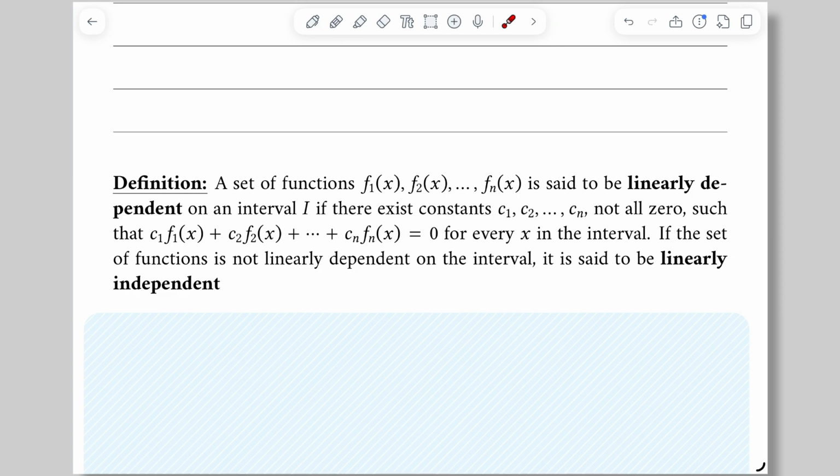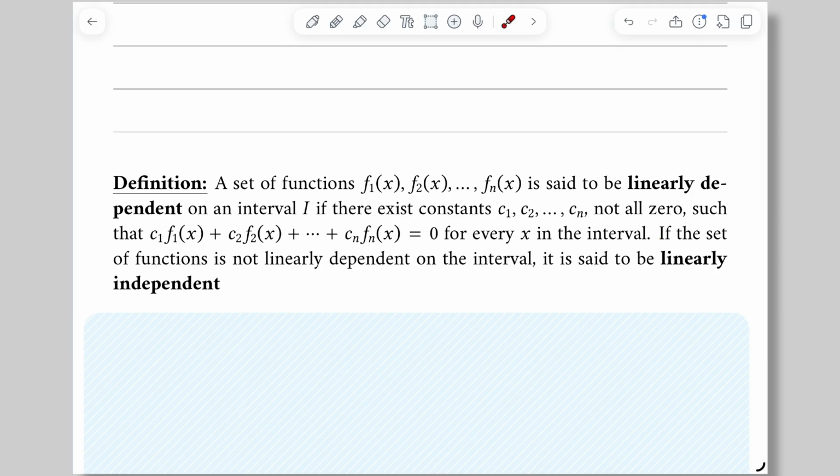We start here with a definition of linearly dependent functions, which is a little weird because we are actually more interested in linearly independent functions. But our definition for dependent functions is that a set of functions f1 of x, f2 of x to fn of x is said to be linearly dependent if there exist constants c1, c2, cn, not all zero, such that c1 f1 of x plus c2 f2 of x all the way up to cn fn of x add up to 0 for every x in the interval.